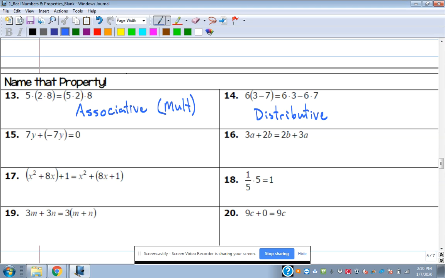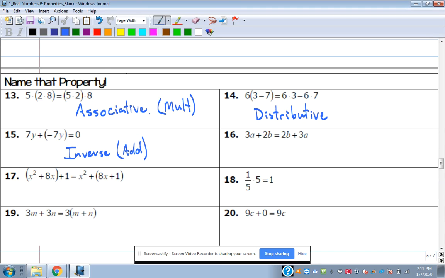What about 15? Inverse. What kind of inverse? Additive or multiplicative? Additive, yeah, because it's the opposite. And we'll just abbreviate that add. That's an easy way to do it. I'm not going to be too picky about that part.